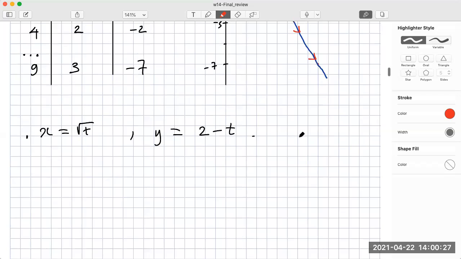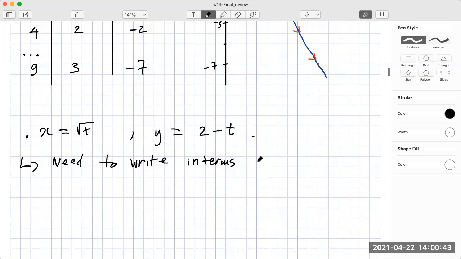It means that we need to write y in terms of x, y is equal to f of x, right?